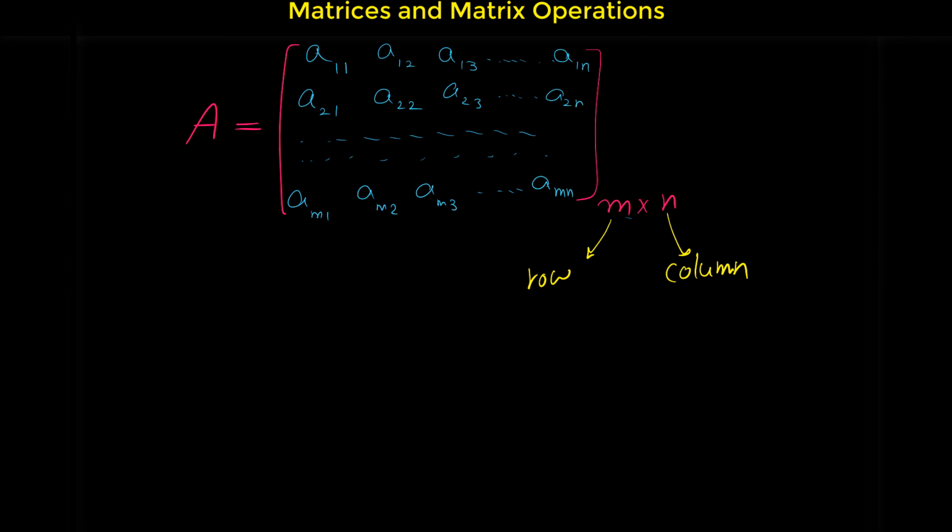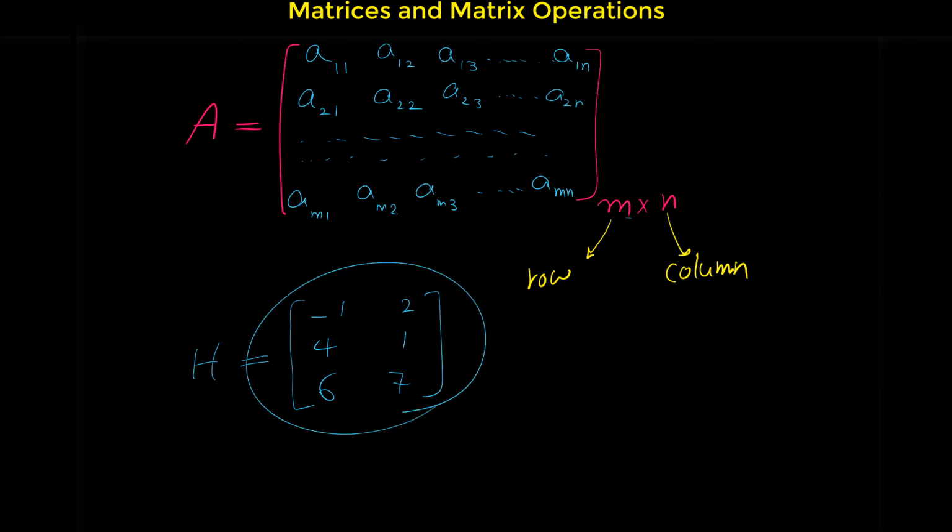Let me ask you a question. Consider this matrix: -1, 2, 4, 1, 6, 7. What is the element here that is, say, in the third row? Let me change this to A. That is in the third row, first column.